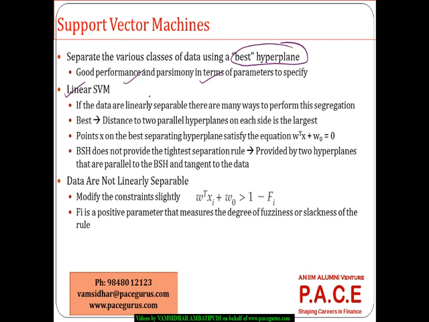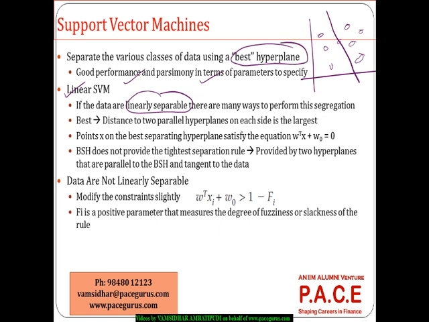What I typically do is look at data which is linearly separable. If I plot the data on a plane, I'm trying to draw some kind of a line which can separate the good from the bad. If the data is linearly separable, I can use many ways to perform this segregation.